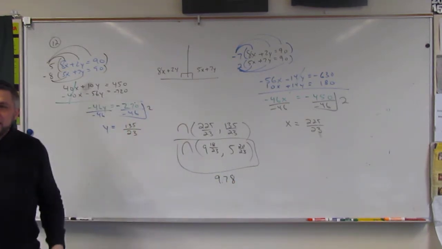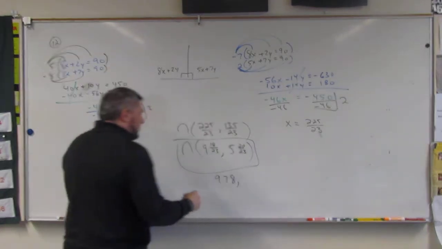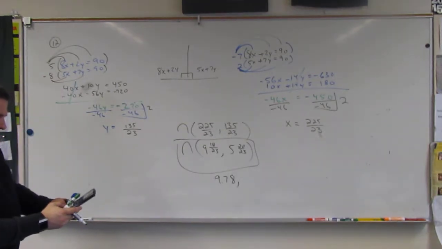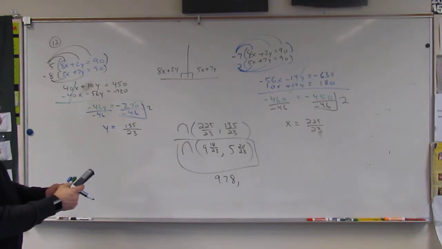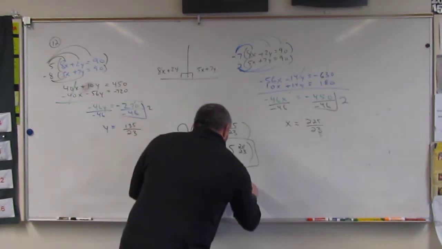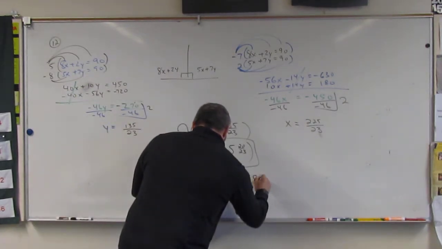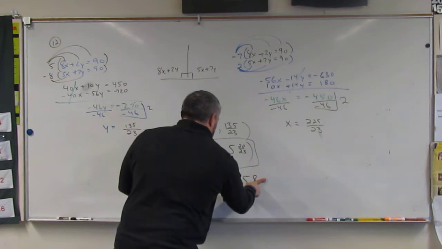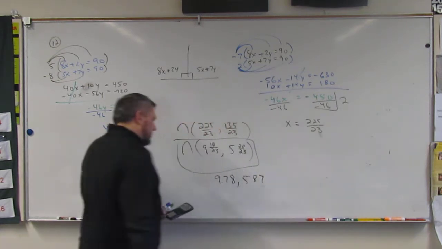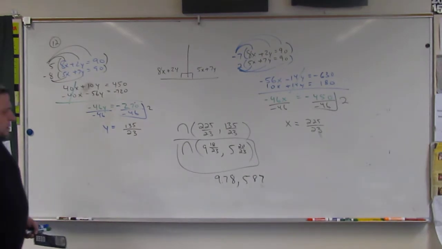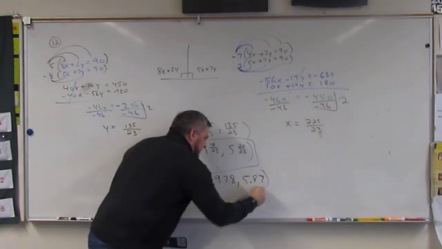All right, so that's 978. Okay. And then the other one is 135. Clear. 135 divided by 23 is 5.87.